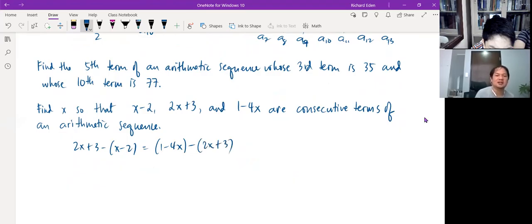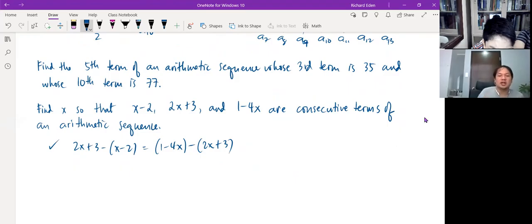So you can actually, it would be easier to add than subtract. So just switch the 2x plus 3 and the x minus 2, just put them on the other side. So 2x plus 3 plus 2x plus 3 is 4x plus 6, and then the other one would be minus 4.